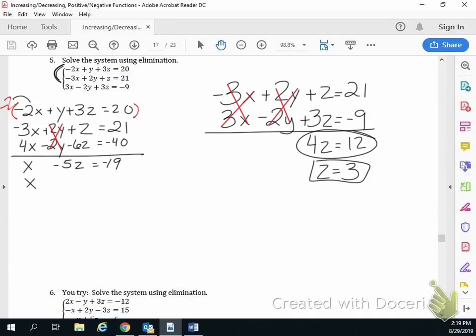So I'll go x minus 5, instead of z, I'm going to plug in 3, equals negative 19. Then I'll solve for x there. So I end up with x minus 15 equals negative 19. X equals negative 4. Negative 19 plus 15.